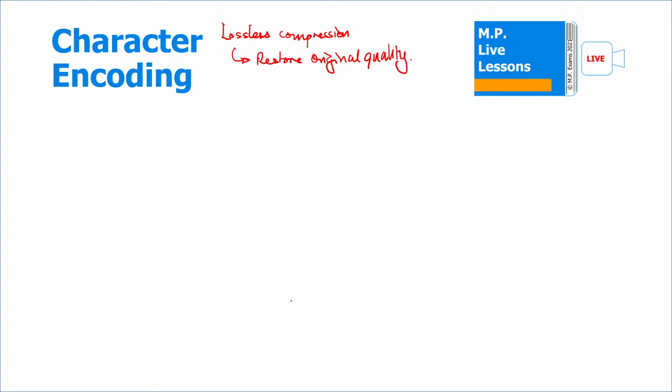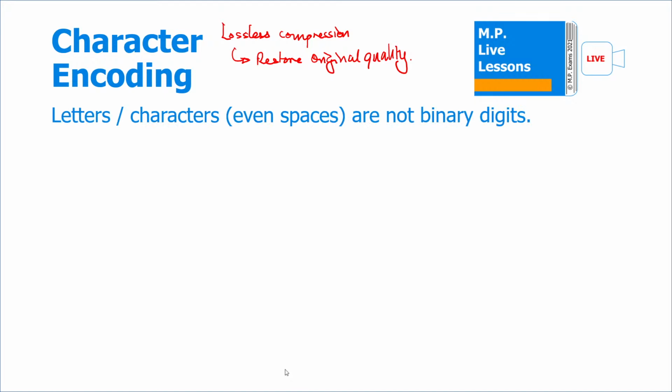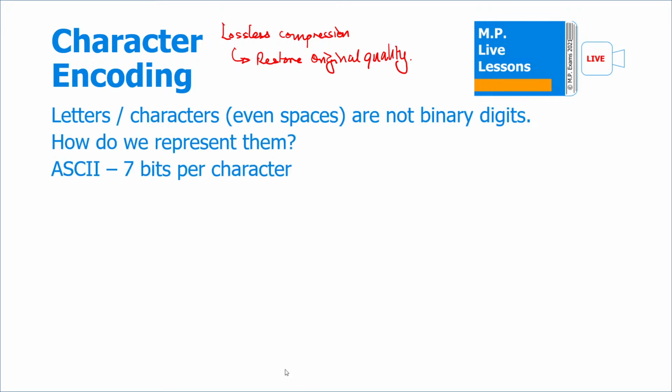Now, usually letters or characters, including spaces, aren't binary digits, but we represent them by using ASCII usually, which has 7 bits per character. Now, ASCII uses the American English characters. So it's like A to Z, lowercase and uppercase, a few common punctuation like commas, full stops, even spaces count as characters.